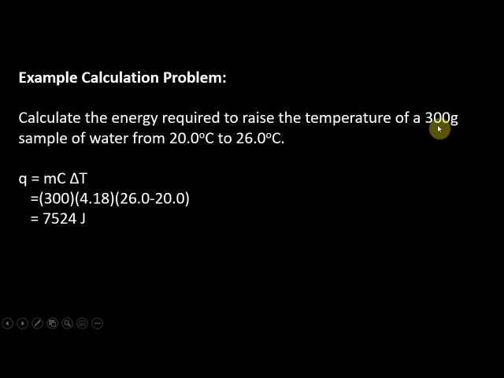We actually know it's ambiguous. In other words, you don't know if it's 1, 2, or 3 significant digits. And so as a result, I'm going to assume the greater value, and it makes things a little bit easier and a little bit nicer in the way we handle our final answers. So 3 sig digs, so that's going to be 7.52 kilojoules.